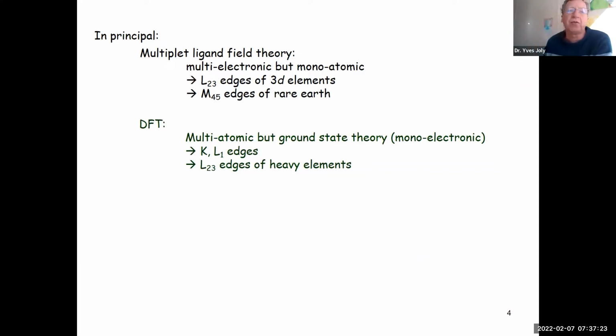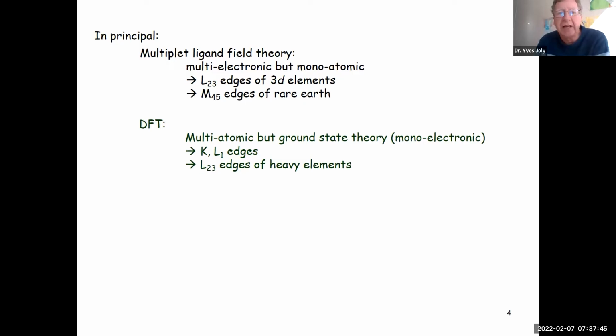So for the first case I already mentioned, it is multiplet ligand field theory. It's multi-electronic, but monoatomic, in fact. You only consider the symmetry on the absorbing atom, and with some parameters, you can simulate the different edges. But it's essentially monoatomic.